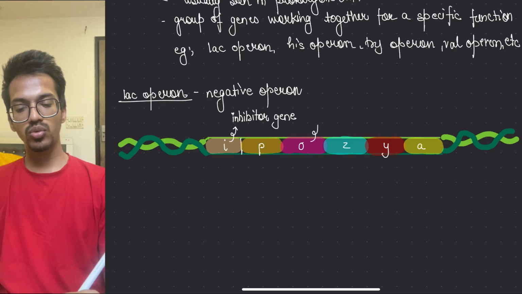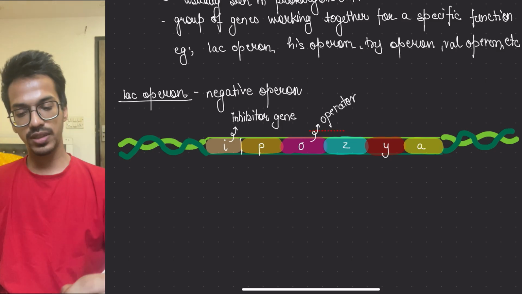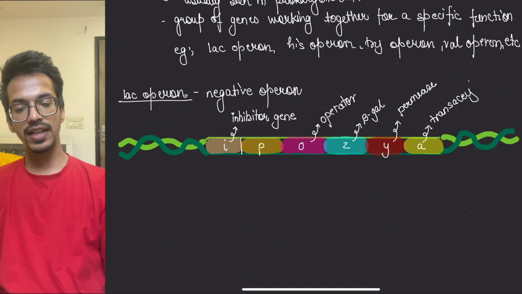This O is known as the operator, which is present in between. Other genes are also present. This Z is the beta-galactosidase gene, this Y is the permease gene, and this A is the transacetylase gene.